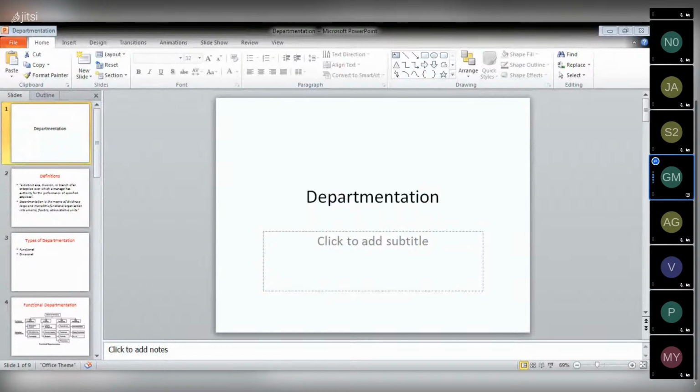So, coming to certain popular definitions of departmentation, according to Koontz and O'Donnell, departmentation is defined as a distinct area, division, or branch of an enterprise over which a manager has authority for the performance of specified activities.